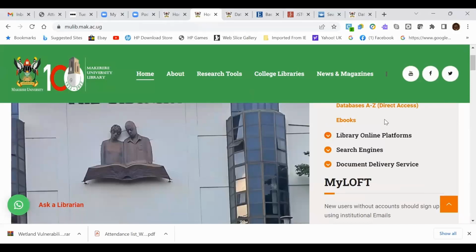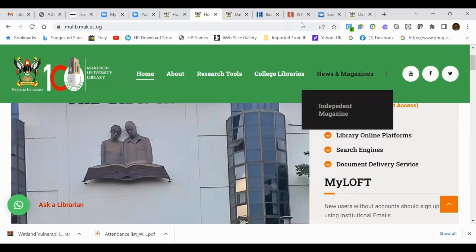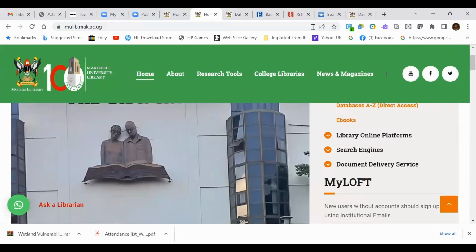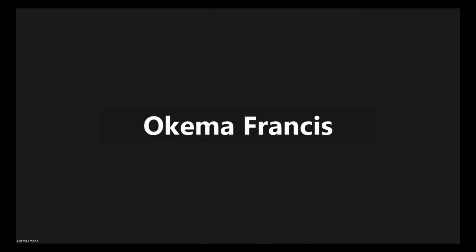Or there are times you can be at the university and you're using your personal modem. There, your access would be considered remote access. So whether you are on campus or not on campus, you can access these resources. Thank you, Prof. Okay. Any other question?